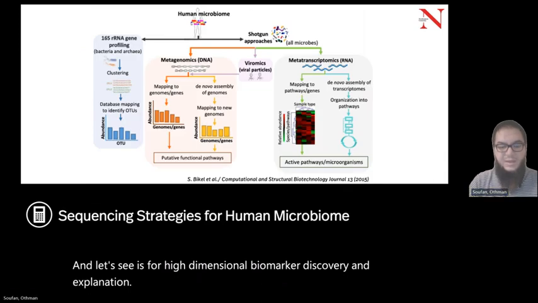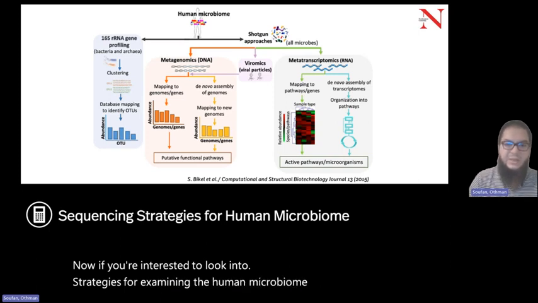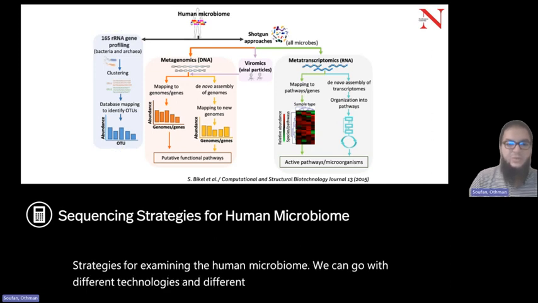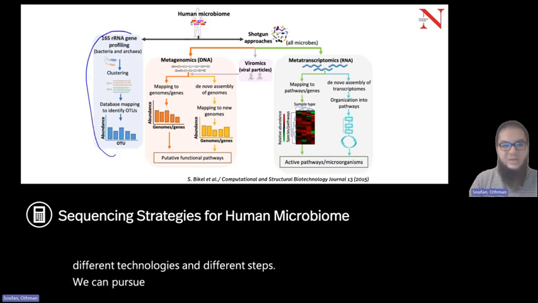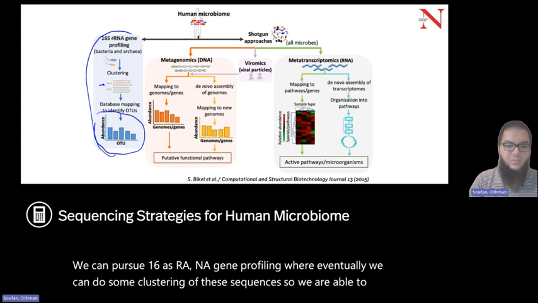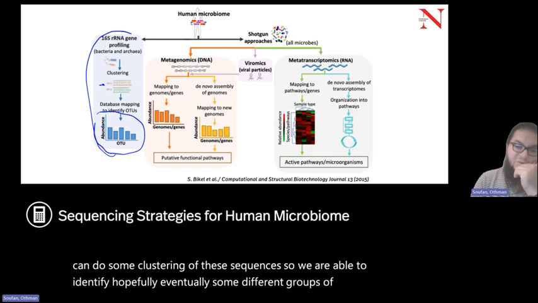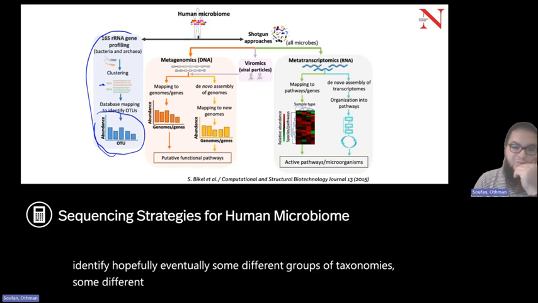Okay. Now, if you're interested in strategies for examining the human microbiome, we can go with different technologies and different steps. We can pursue 16S rRNA gene profiling, where eventually we can do some clustering of these sequences, so we are able to identify, hopefully, some different groups of taxonomies, some different groups of microbes.